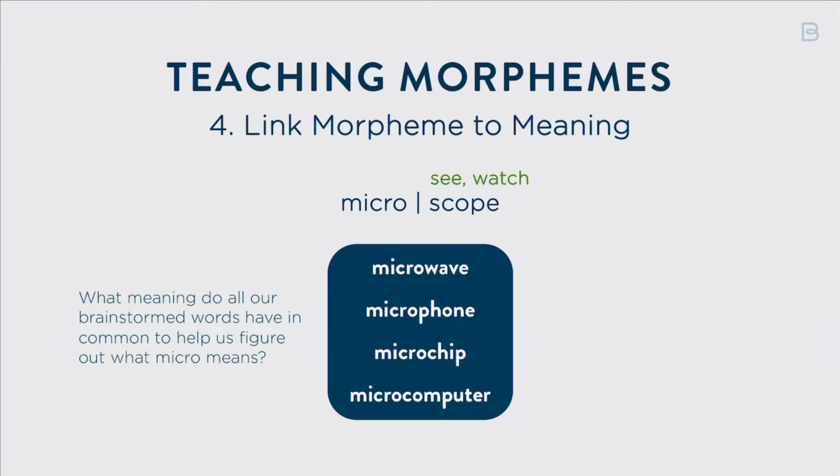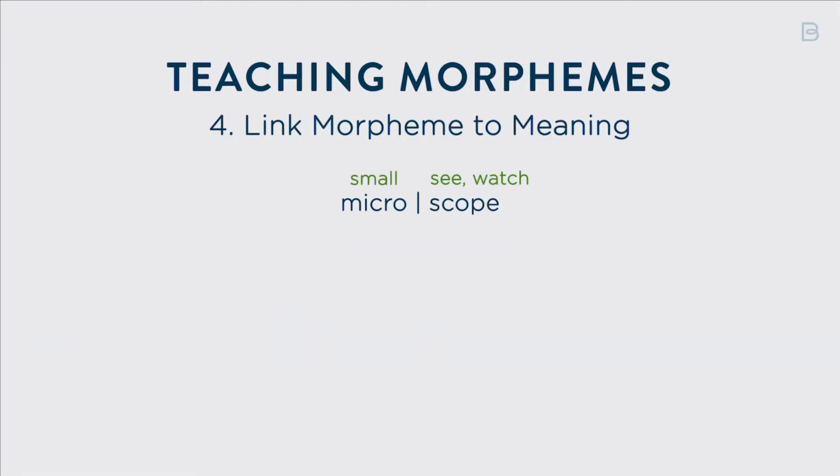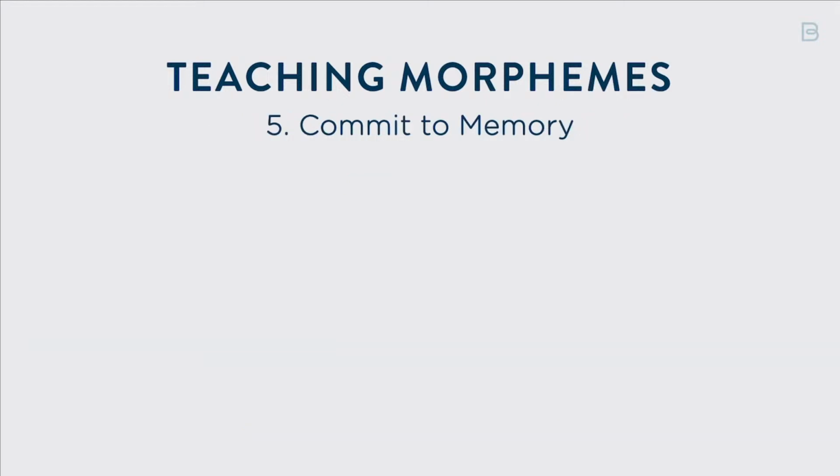Now, we do a lot of translations. If I ask students to translate the word microscope, I want them to know that it's small scope. That helps us understand what the word means. I'll have students commit it to memory by writing the root three times. That repetition will cement the root and the spelling into long-term memory.